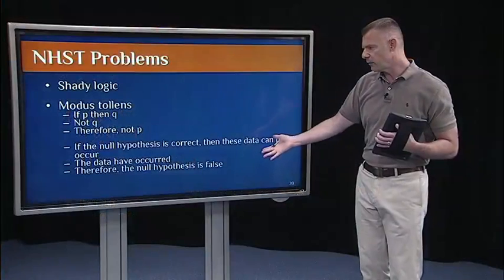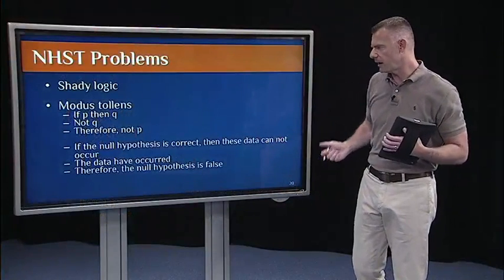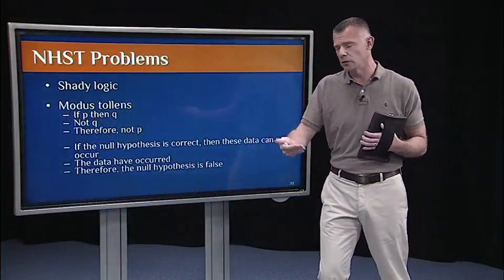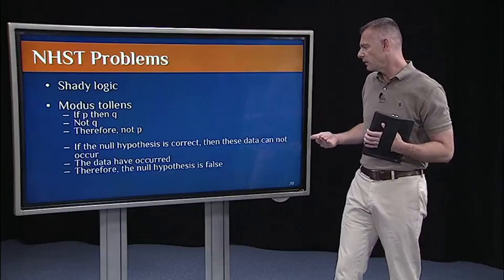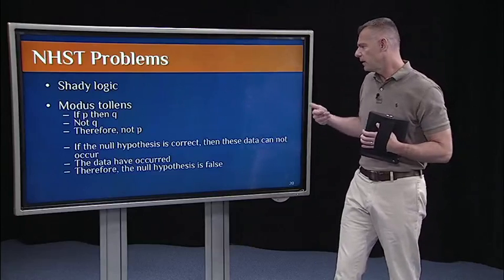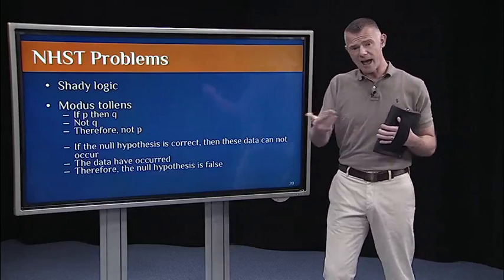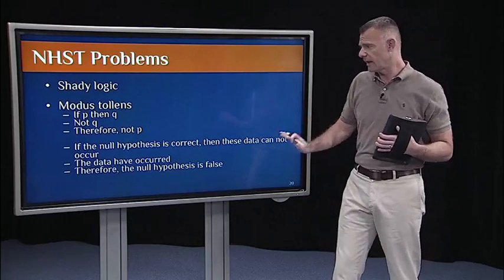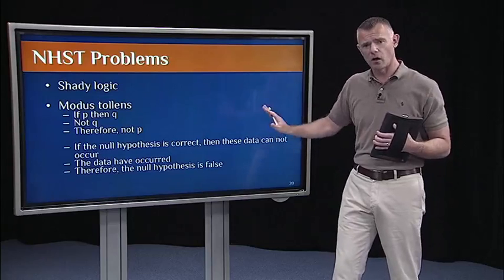If the null hypothesis is correct, right, we assume the null to be true, then these data that I obtain in my experiment cannot occur. The data have occurred, therefore the null hypothesis is false. That's exactly modus tollens, that's all valid.